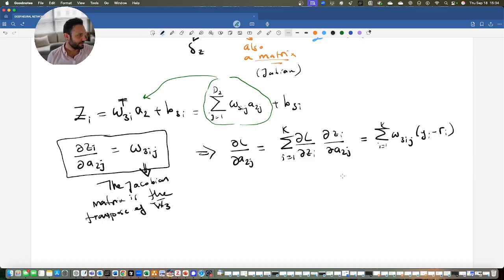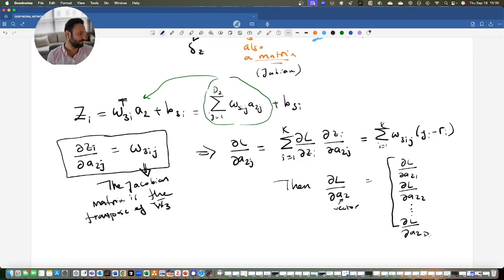So this is almost like an inner product. I'm going through one index of this vector. I know this vector, the W3 vector. I already had that vector. And so I think you see where I am going with this. If I calculate dl over dA2, which, again, is a vector, I have to find something like dl over dA21, dl over dA22, and so on, up to however many d2 indices there are.